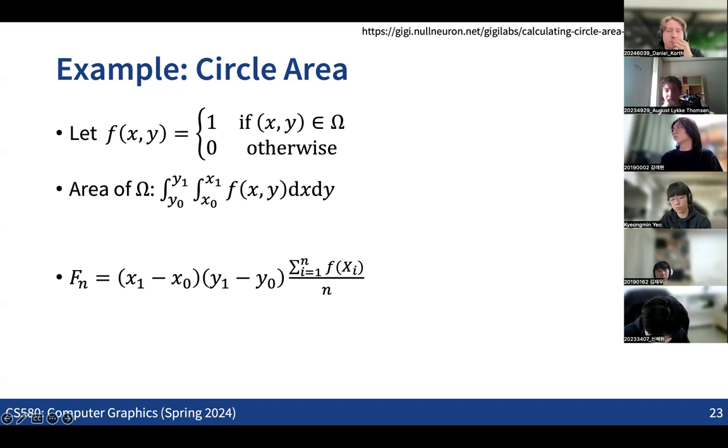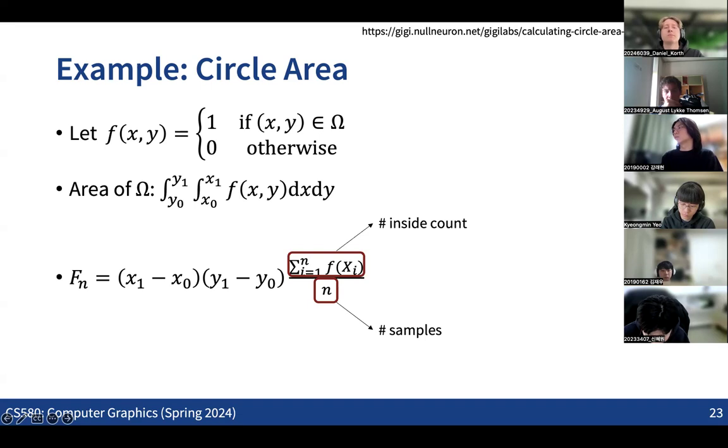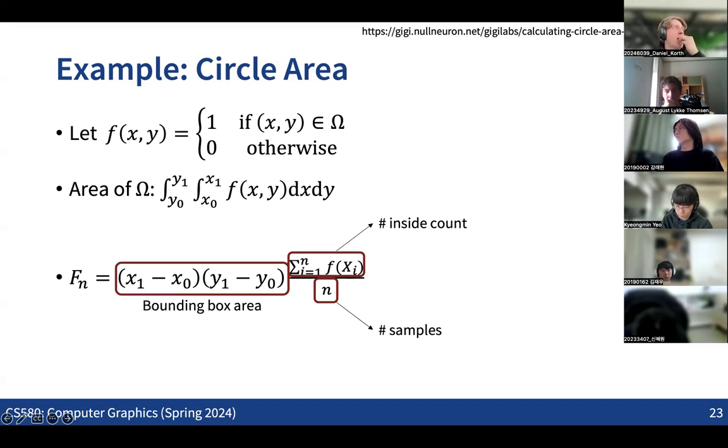Here n is the number of samples, and we have the sum of the function. Since the function is defined like this, the sum of the function becomes the number of points included in the given region. And this term on the left-hand side becomes the area of the bounding box.